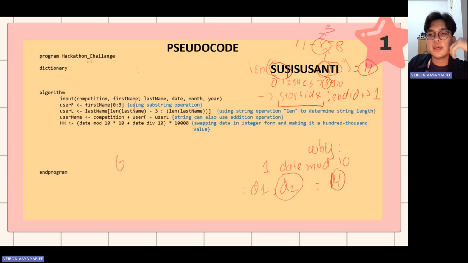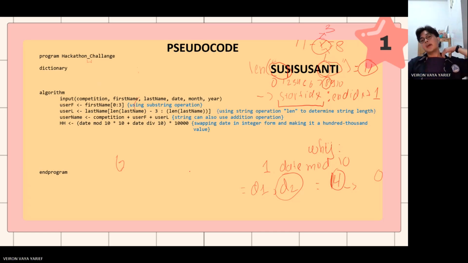The last digit, okay? You learn that if you mod any number with 10, you will get the last digit, right? If you mod it with 100, it will take the last two digits of the number. In this case, we only want one digit, the last digit, so we just do mod 10.